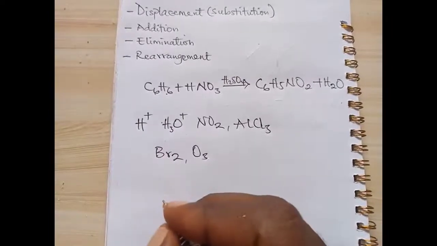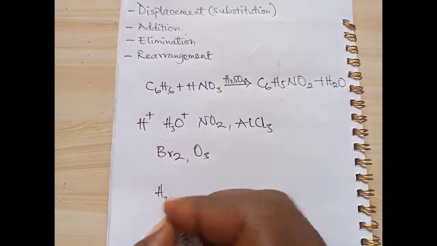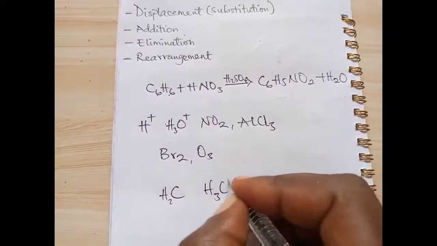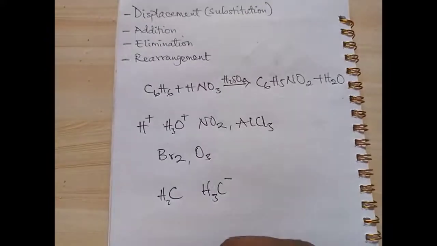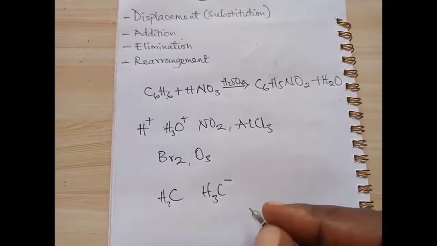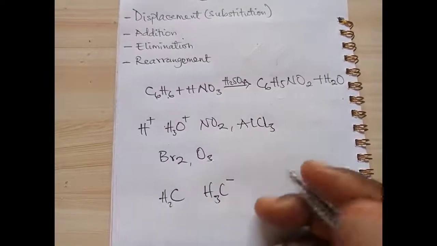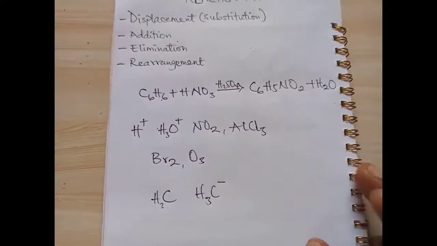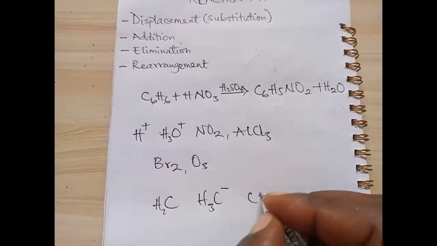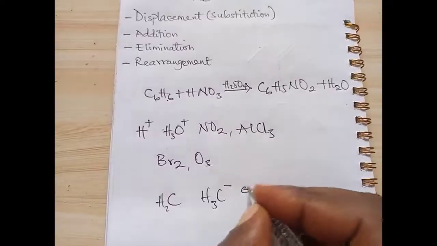An example of that is H3C minus. Even halogens are negative, so the iodine, the chlorine, and all of those ones. And also we have CN minus.